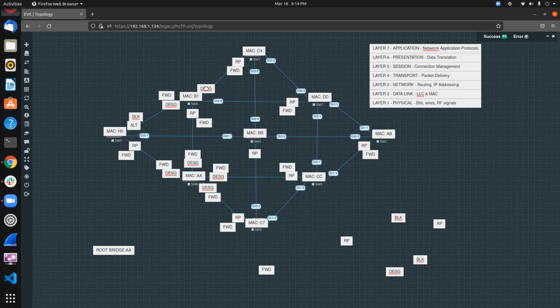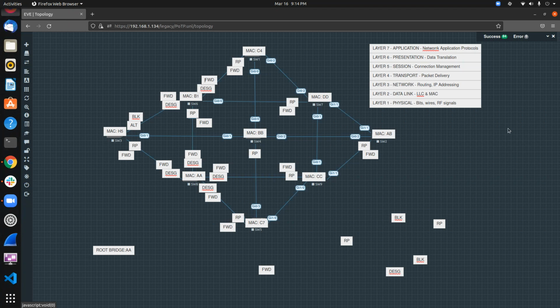All right, so now I have two choices to go with for the election. By default, the priorities are equal, so then we're going to go to the MAC address to determine which will be chosen.